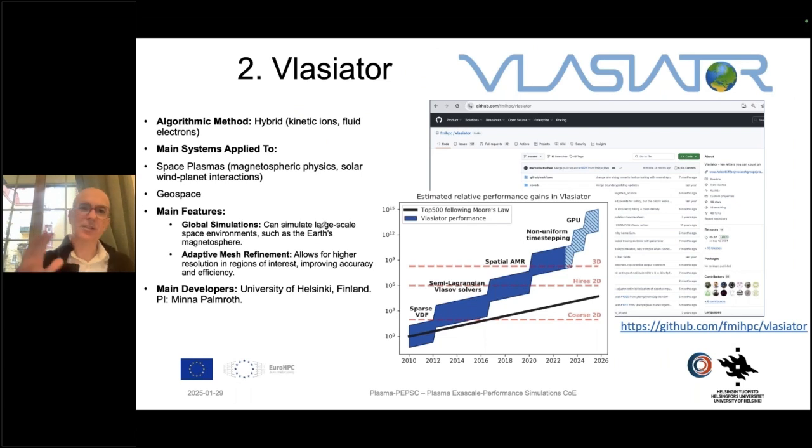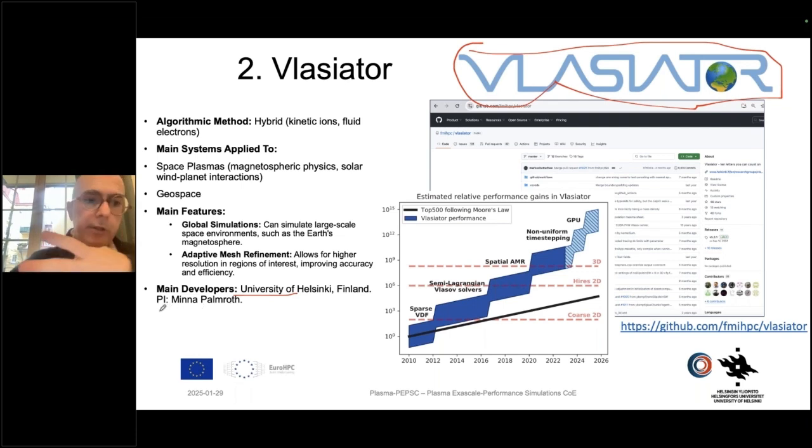So that was the first code: pick on GPU, specialized on GPU, with very extreme scalability on very large systems. The second code is the Vlasiator code, developed by the University of Helsinki in Finland. There's a huge team around it, but the PI is Minna Palmroth. This is a code mainly designed for studying space plasma.